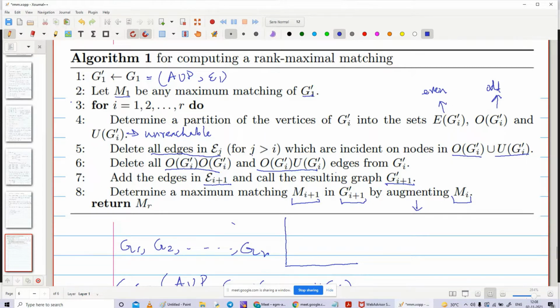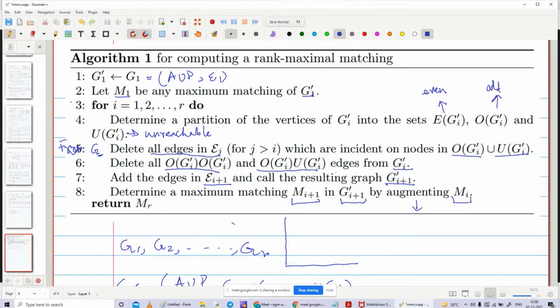So line 5 we are deleting from G, because these are the higher rank edges, so they are not present in G prime I. That's why we are removing them from G. And this one we are removing from G prime I. You can think of it like this: you have some edges, and each edge belongs to one of the R buckets, like R sets, and you are removing the edges from there.